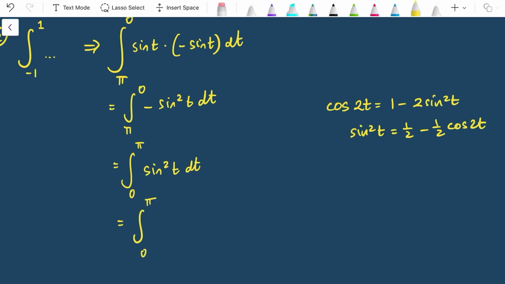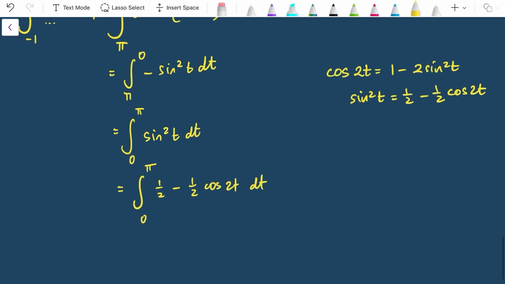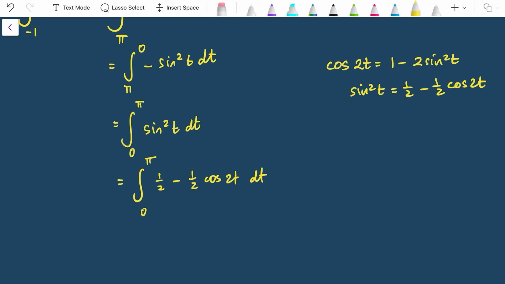This is now going to be, between 0 and pi, of 1/2 minus 1/2 cos 2t dt, which then very nicely integrates to become 1/2 t minus, well, that's going to be divided by 2, so a quarter sine 2t, because cos 2t integrates to sine 2t, and then divide by 2 and times by a half.